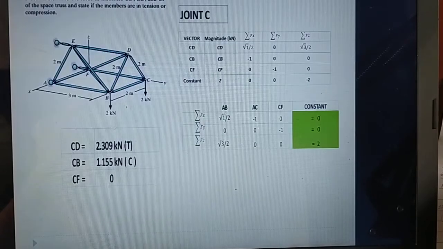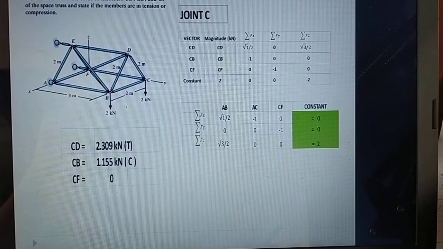Okay, so let us apply it to truss analysis. So here is the truss. Determine the force in member CD. In the problem, I have done it here. I solved all the magnitudes, all the stresses of all the members.